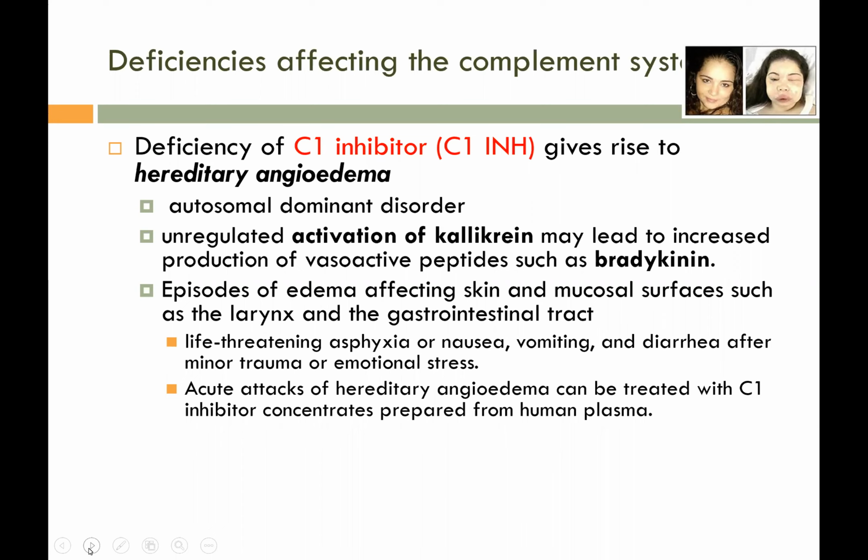The unregulated or increased production of bradykinin is responsible for episodes of edema which affects the skin and the mucosal surfaces of your patients, such as the larynx and the gastrointestinal tract. So clinically speaking, you will expect asphyxia, nausea, vomiting, diarrhea, and it might be triggered by trauma or emotional stress.